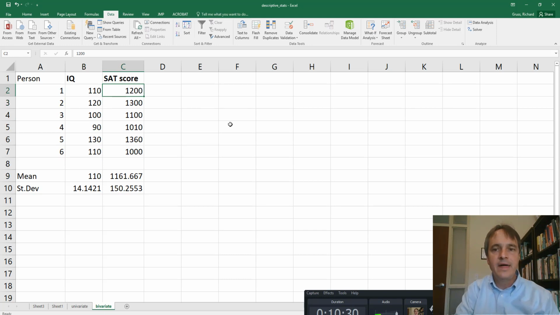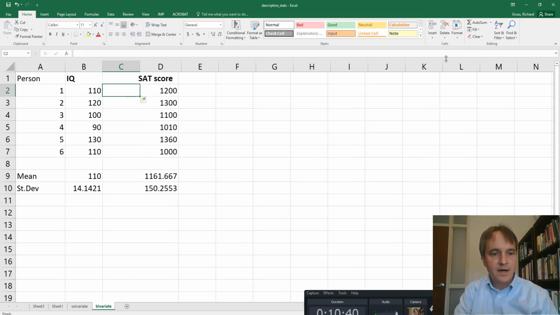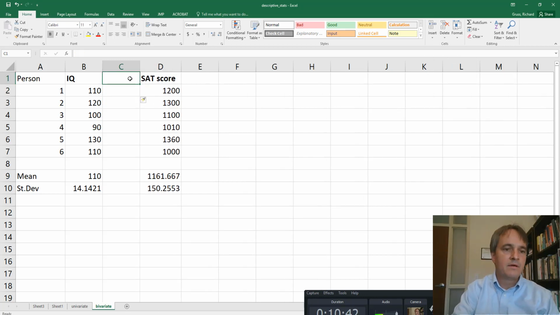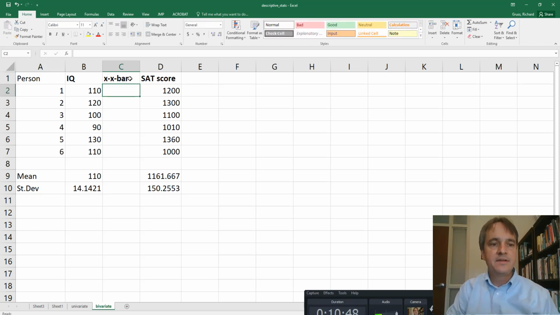So why don't we do that again and see if that gives us some insights. I'll insert a column here, and I'll call this x minus x bar. I'm interested in the difference between this observation and the mean.